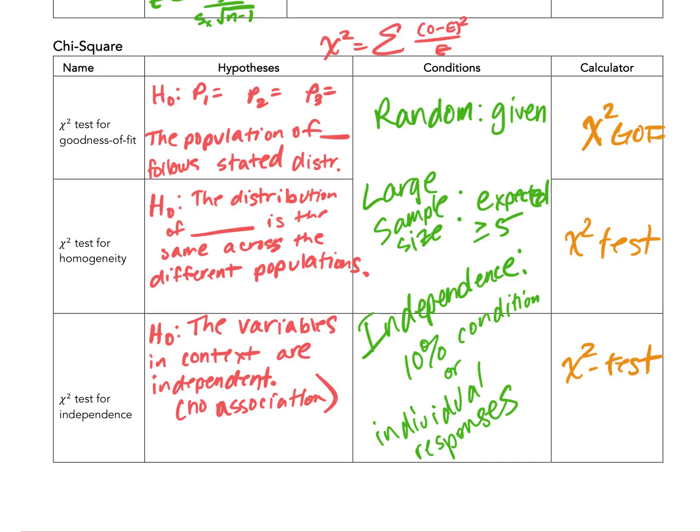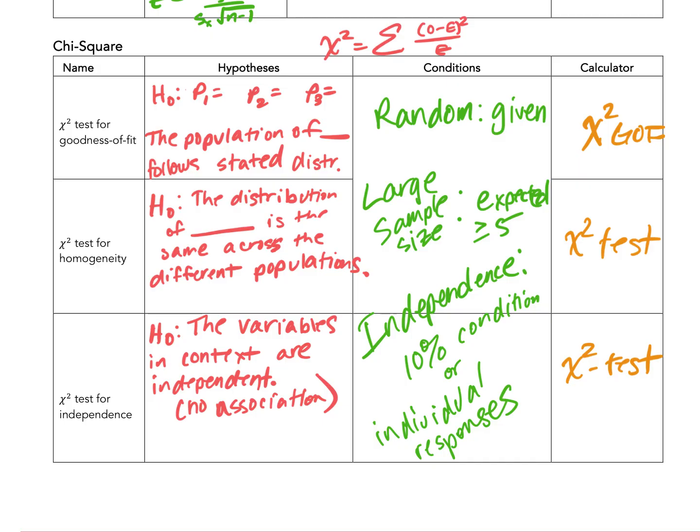On Monday, you're going to have a quick classwork for a homework grade assignment where I'm going to give you a list of things and you're going to have to name the procedure and check the conditions, and then I'm going to make you do 2 total all the way throughs. 1 for a confidence interval so that you have to show me interpreting a confidence interval. 1 for a test so that you have to make a conclusion from a p-value. Okay, so let me get that put up on Schoology for you guys to get some practice, and then we'll be done.